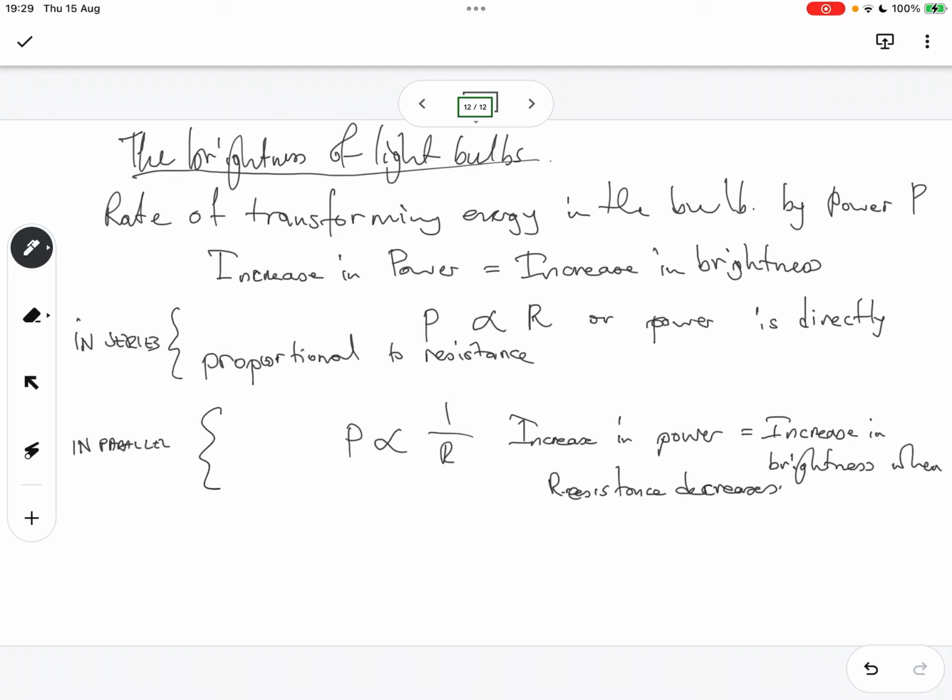All right. But this is only in light bulbs with a filament, or a wire.